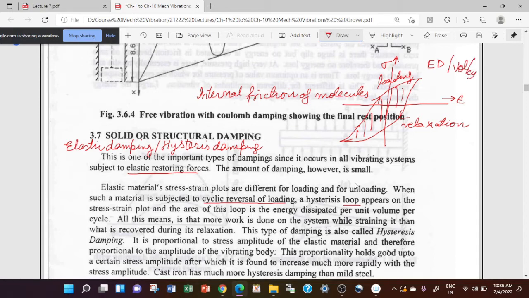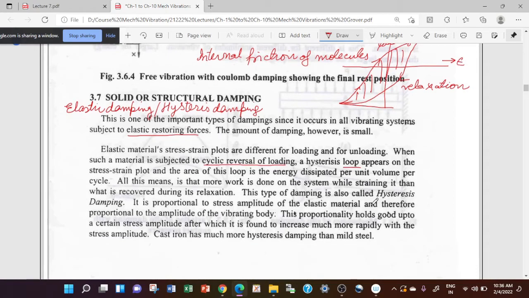Because it is having a hysteresis loop, it is known as a hysteresis loop here. That's why it is known as hysteresis damping. So this is the amplitude of the stress induced. This type of damping will depend upon the elastic material, the stress amplitude, and this will basically define the amplitude of the vibration.